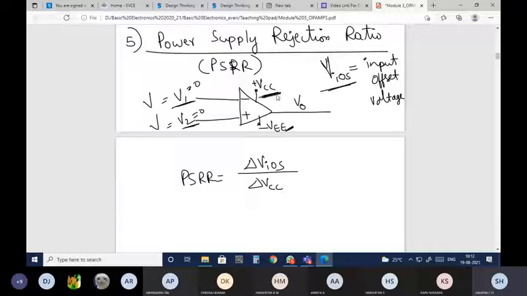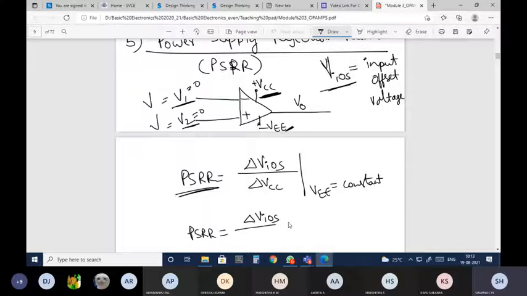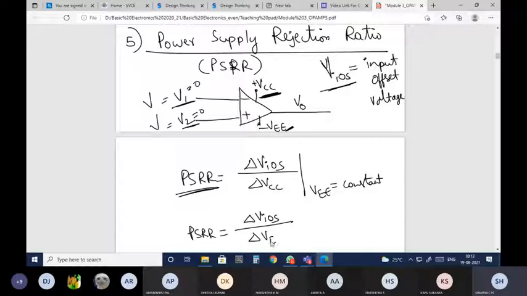In the sense, if there is any change in VCC, how that voltage will affect this VIOS will be given by the power supply rejection ratio. Okay, by keeping the other one constant. Or in other way, PSRR can be calculated by taking change in VIOS divided by change in VEE.